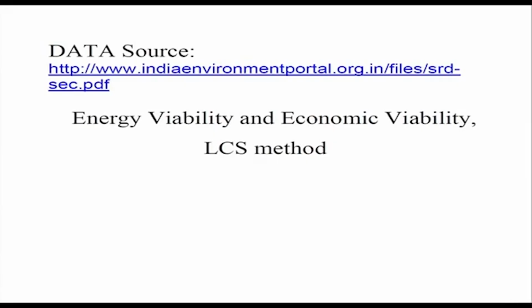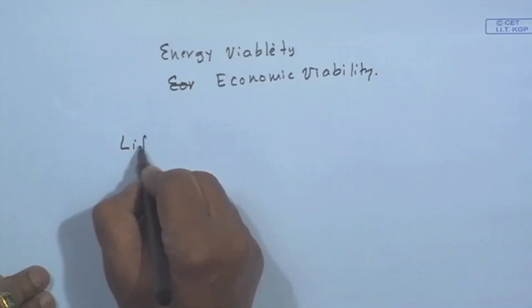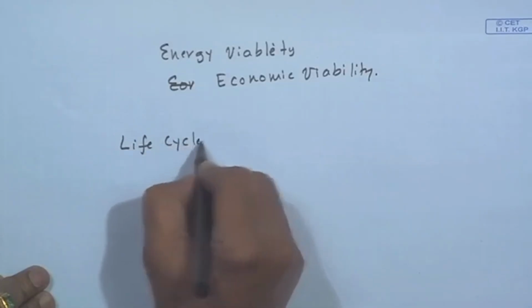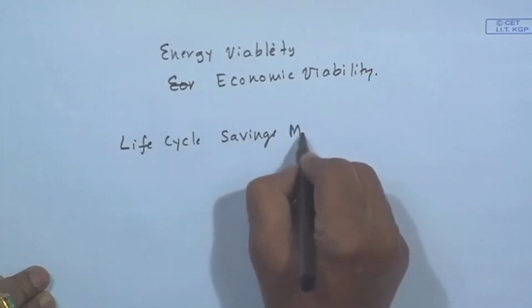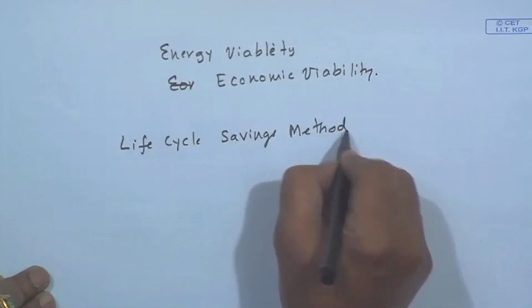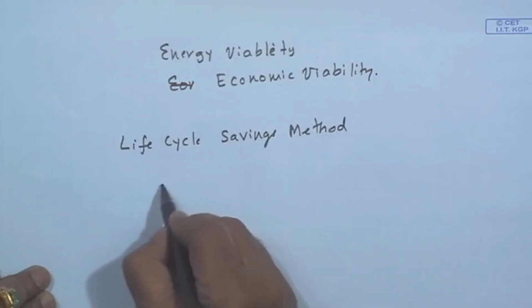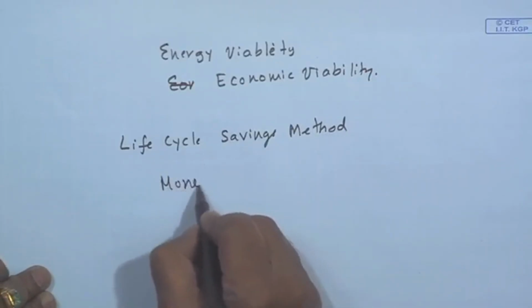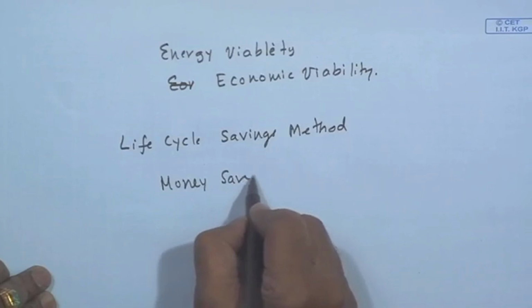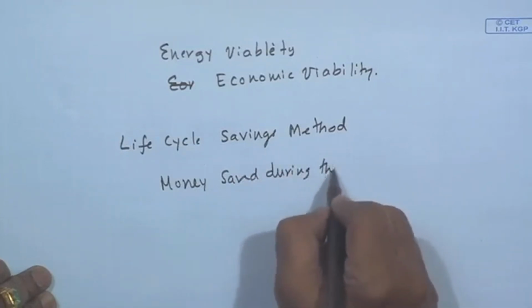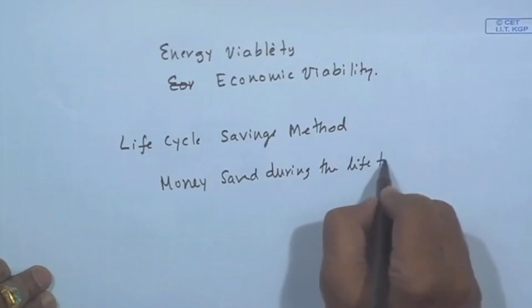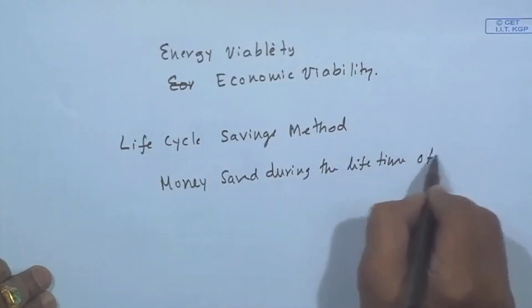Finally, to account for complex scenarios, we have considered what is called the life cycle savings method. In short, this is the money saved during the lifetime of the system.